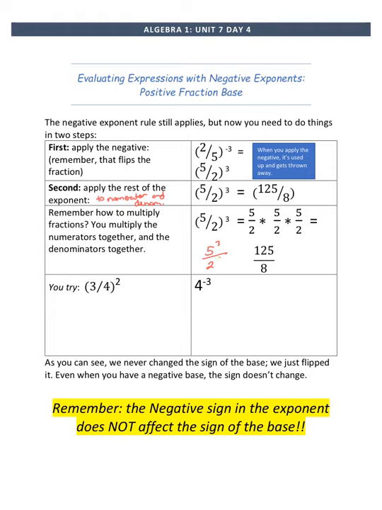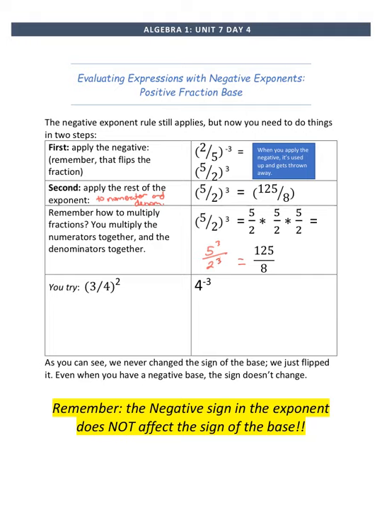It's messy and I don't like it. 5 to the third power is 125. 2 to the third power is 8. So that's what we do. That's how you apply the negative exponent when you have a positive fraction as the base. Remember, the base is the thing that holds up the exponent.